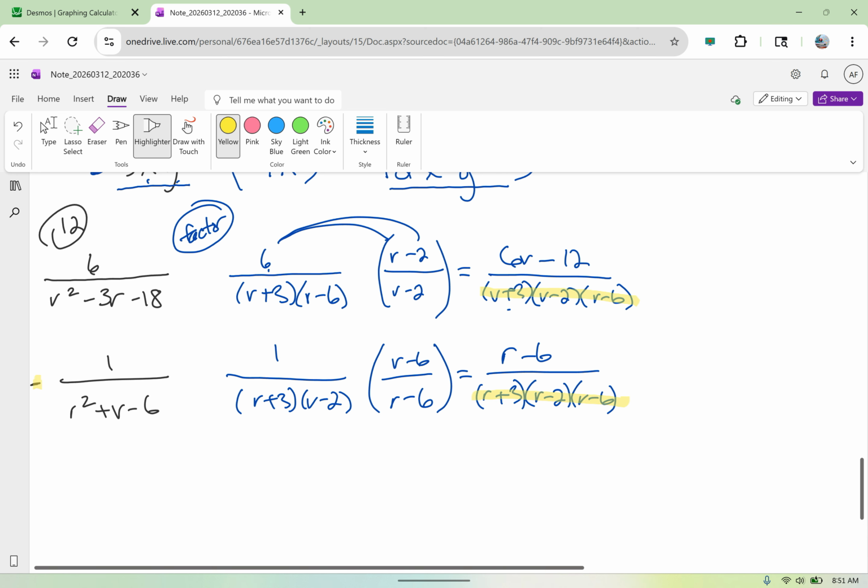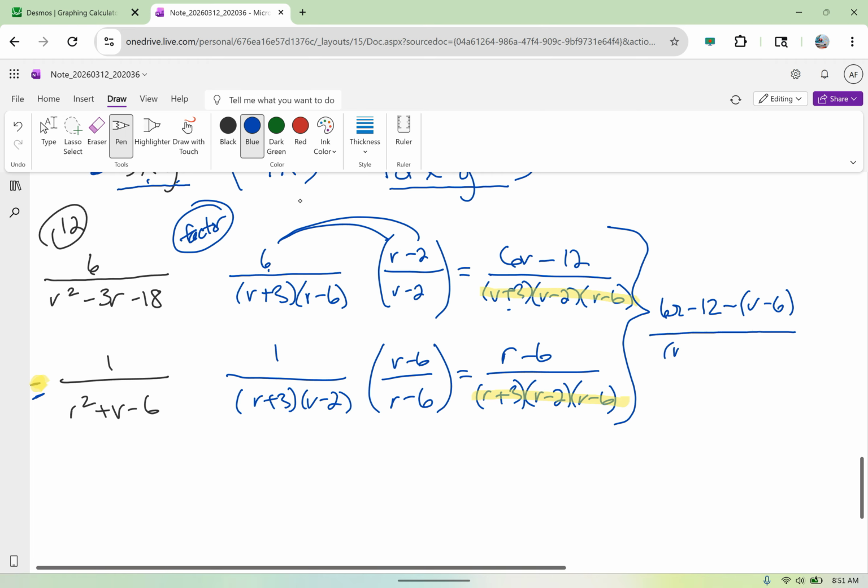And remember that I am subtracting these two fractions. So this is going to become 6r minus 12 minus, again, that's coming from here, minus r minus 6, over my same denominator. So this becomes 6r minus 12 minus r plus 6.